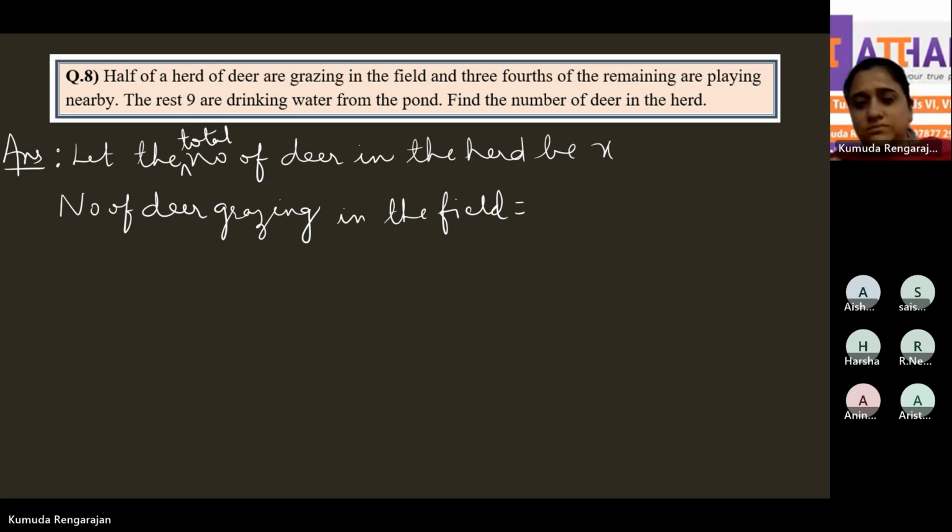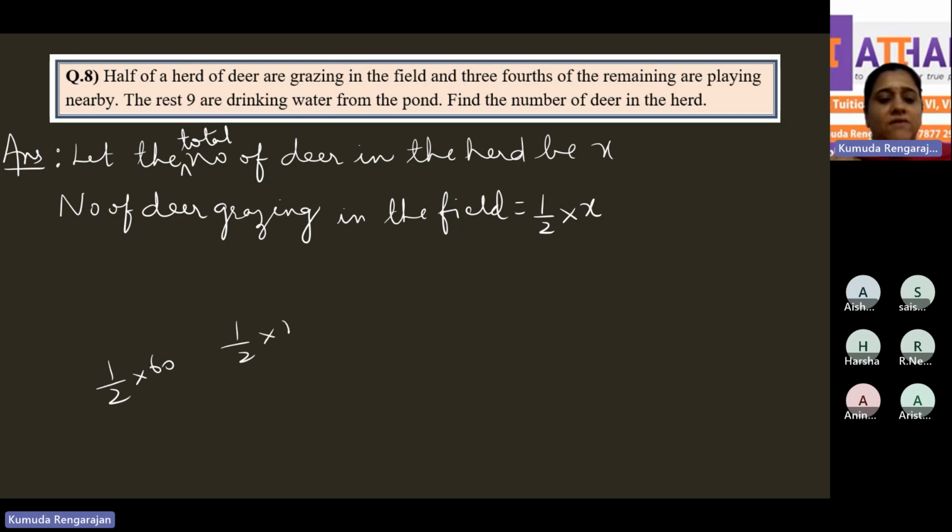X divided by 2, ma'am. X divided by 2. Half of them. So you can say half of X, half of the total number, like you say half of 60. So half of X is nothing but X by 2, because 1 into X is X by 2.